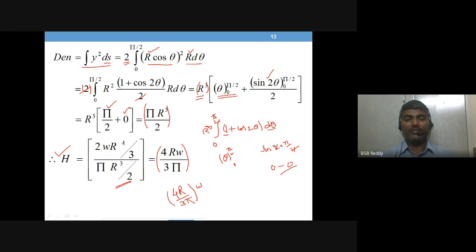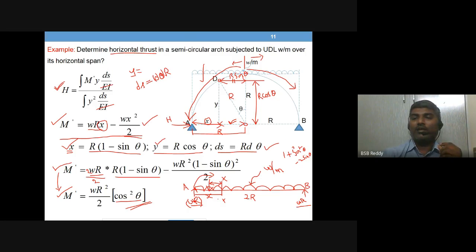Do you remember anything about this 4r by 3 pi? 4r by 3 pi into w is the horizontal reaction value in case of a semicircle applied by UDL on the total horizontal span.